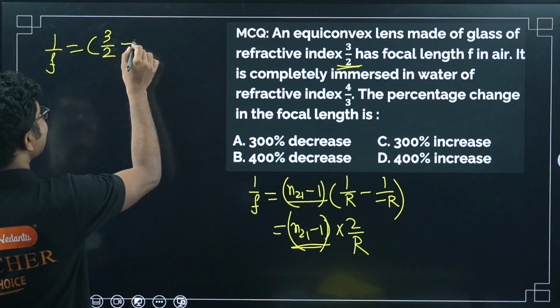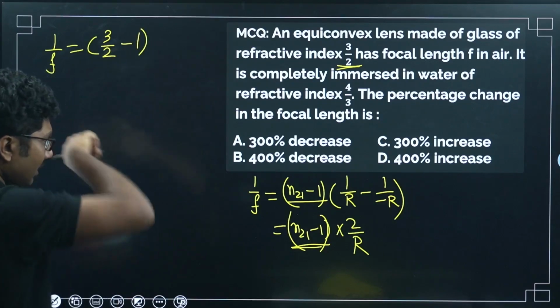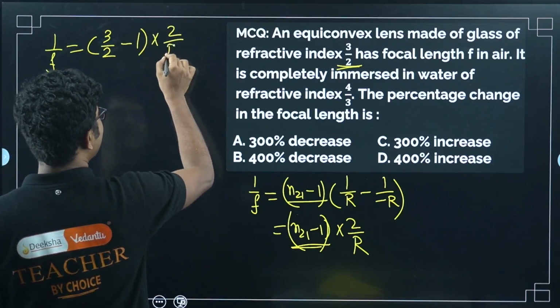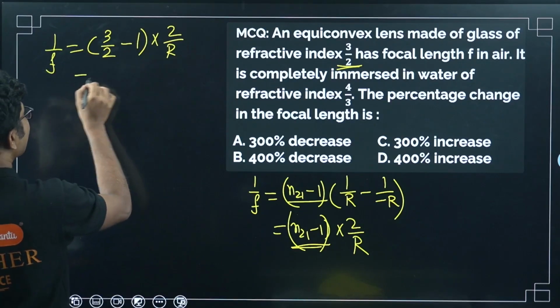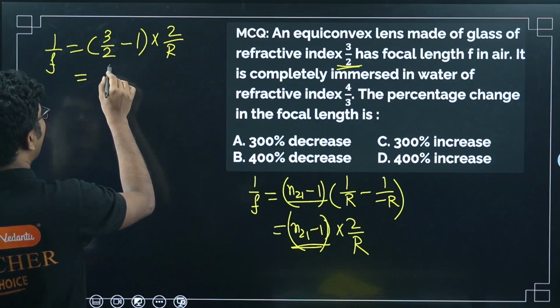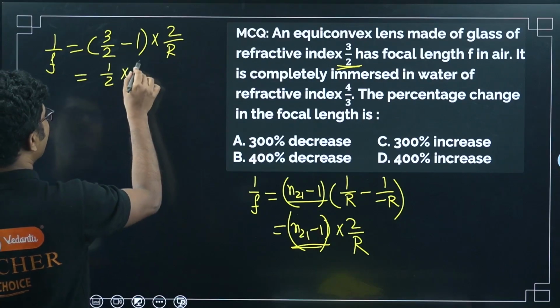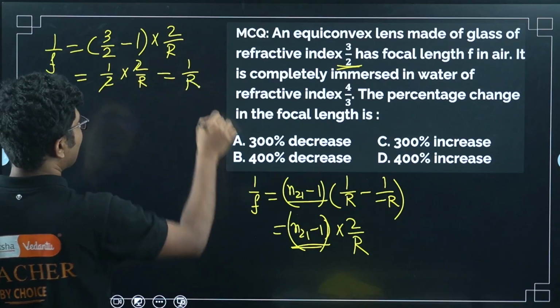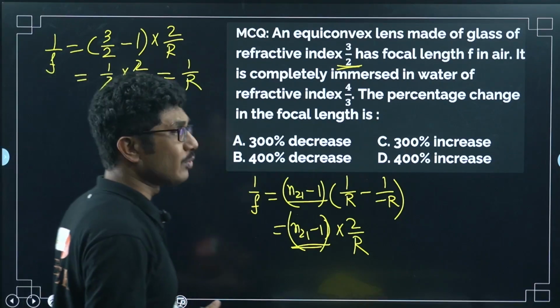So 2 by r is a constant. So it will be 1 by 2 times 2 by r. So 2 cancels. It is 1 by r. Okay, so for this case it is 1 by r.